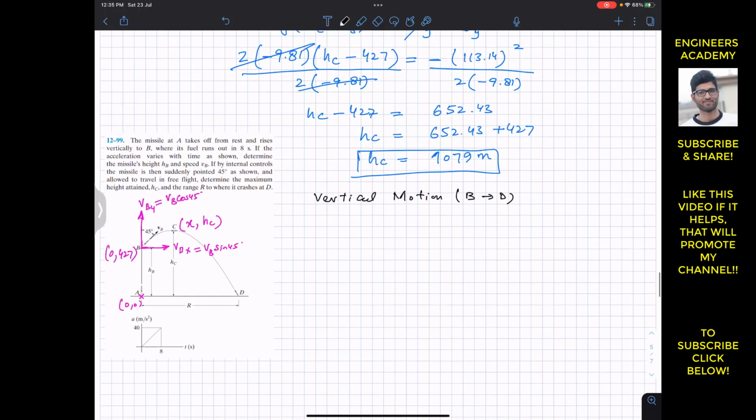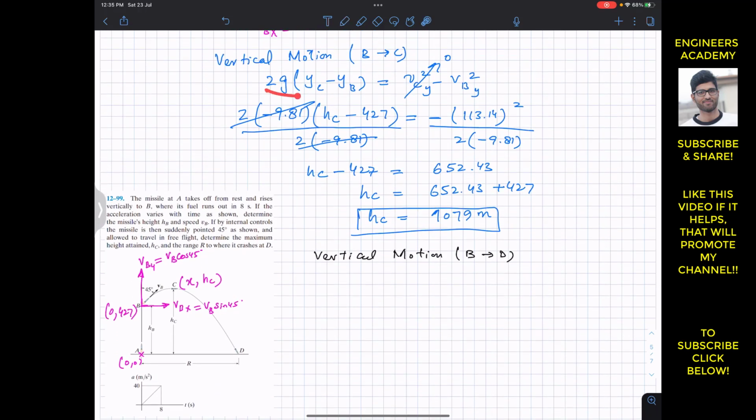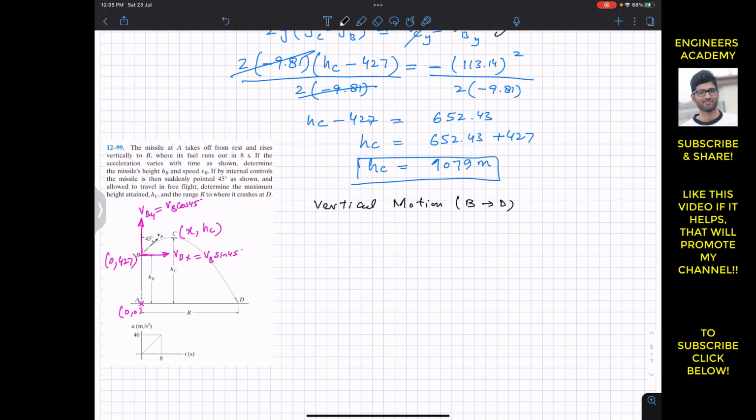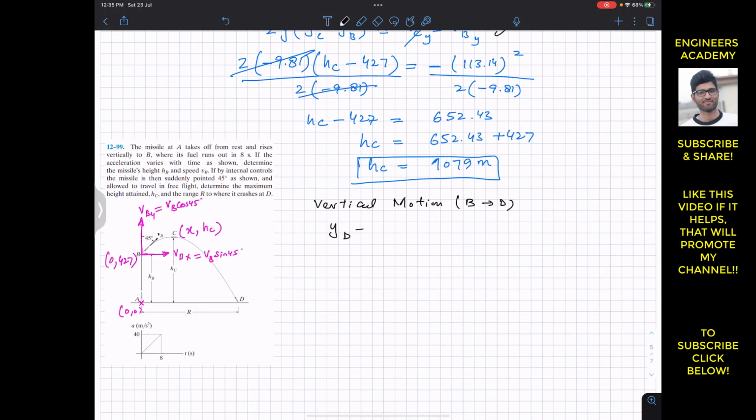So again we can use the same equation, or rather we cannot use this equation since we do not know the velocity at point D. So we have to use that equation, that is yd minus yb equals vby into tbd plus 1 divided by 2 g into tbd square.